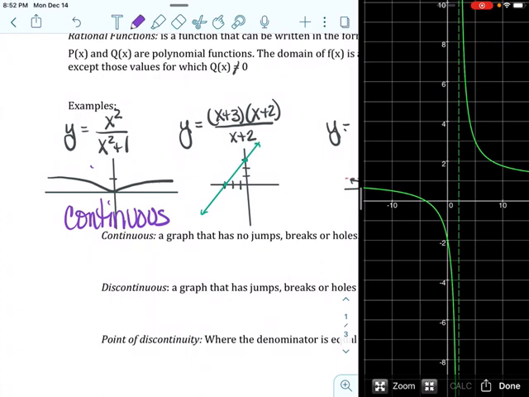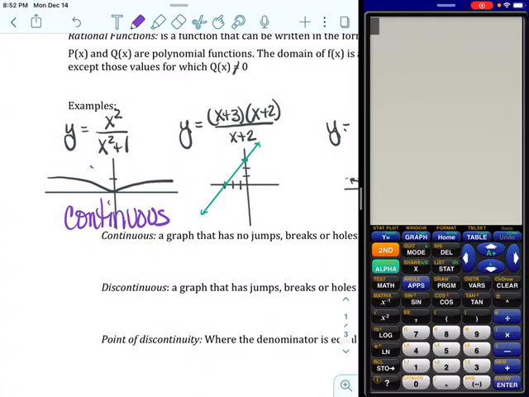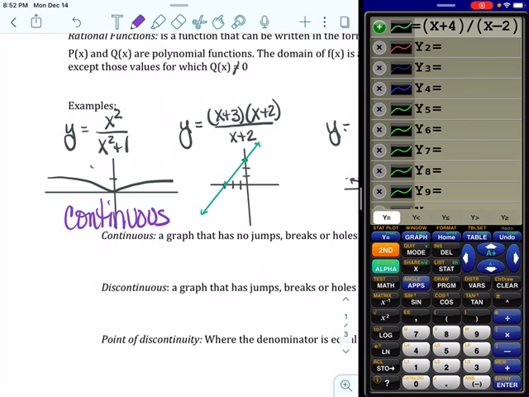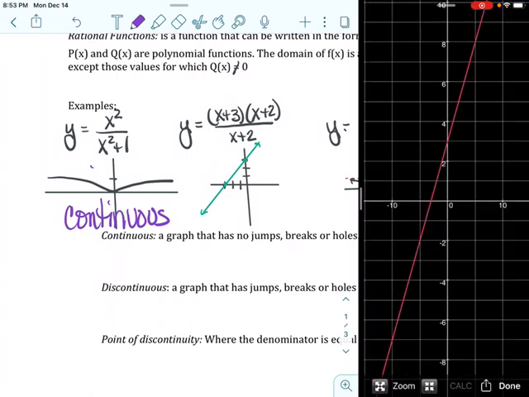Now the second one, the x plus 3 times x plus 2 over x plus 2, definitely looks like it would be continuous, but we have a problem.